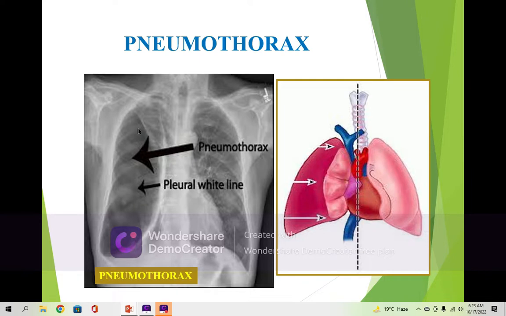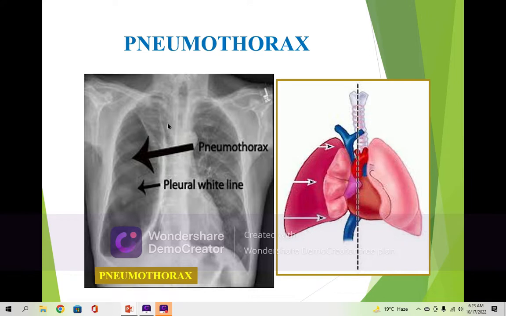This is the remnant part of the right lung. This is called the pleural white line, and this is the collection of air, and it causes pressure on this side. So the right border is not visible, correct? It is not visible.